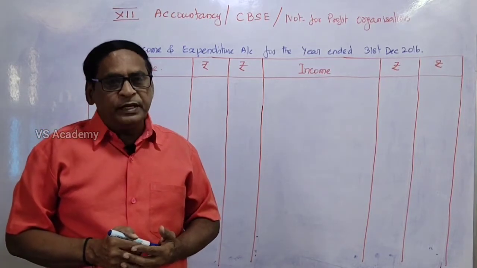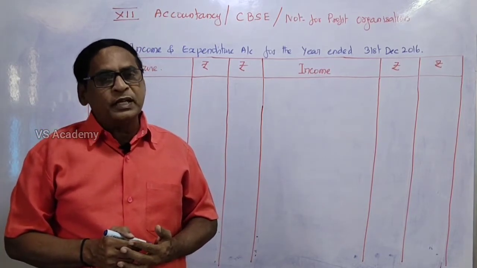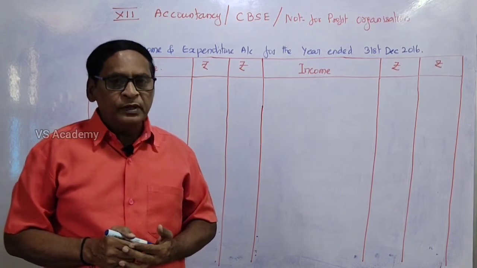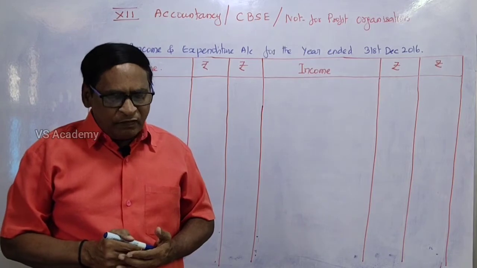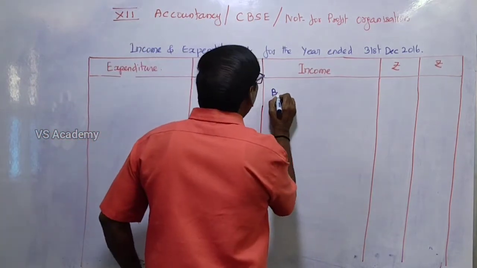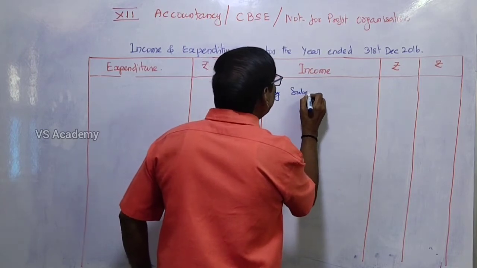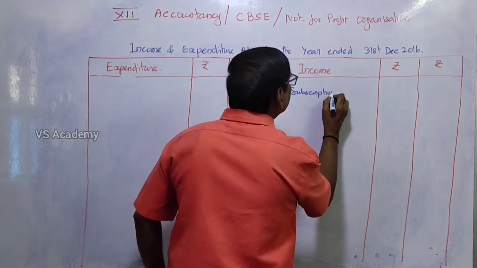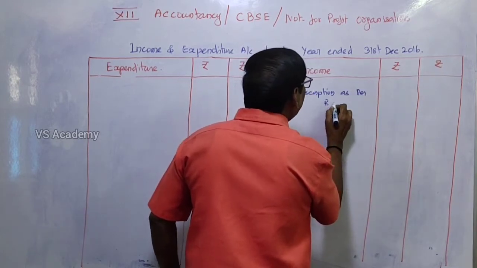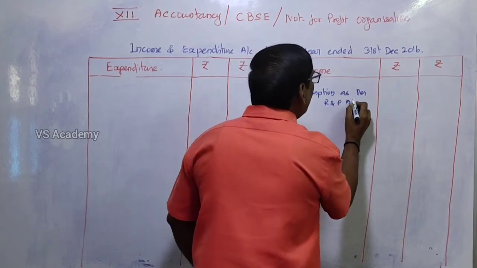The subscription, as per the receipts and payments account, the subscription received is 1,20,000 rupees during the year, on which there are some adjustments. What are the adjustments? So by subscriptions, as per the receipts and payments account, how much we have received?